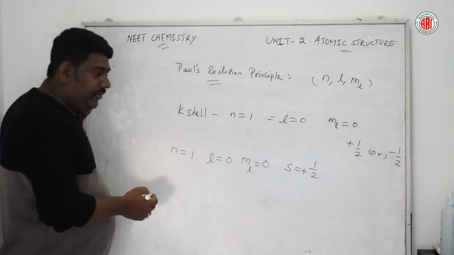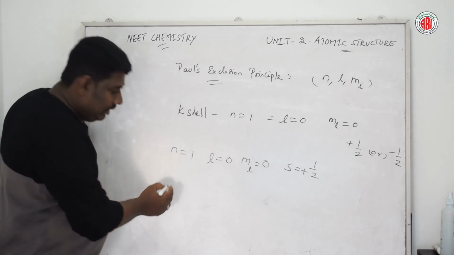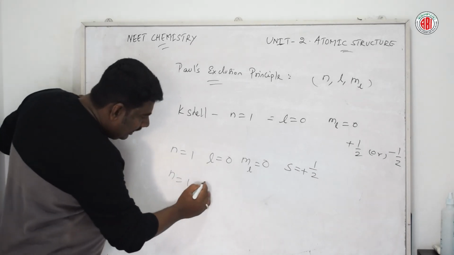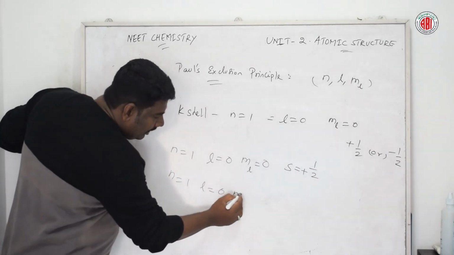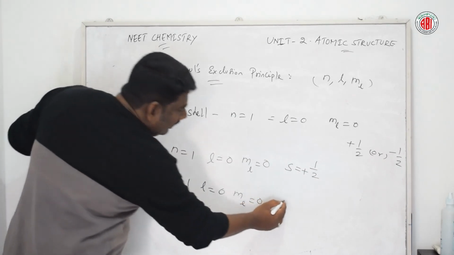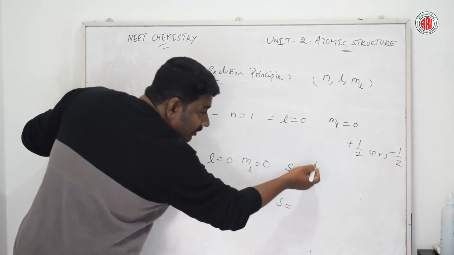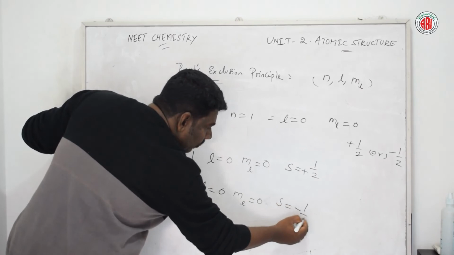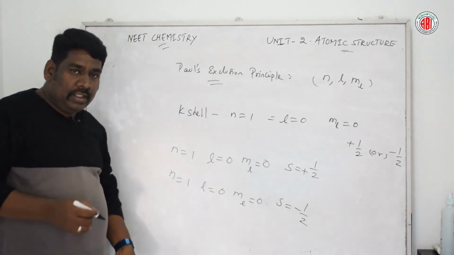And similarly, if you write in another format, n is equal to 1, l is equal to 0, ml is equal to 0, and s is equal to either plus 1 by 2 or minus 1 by 2 spin value.